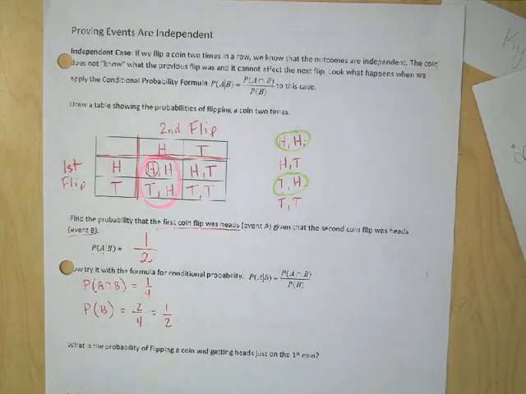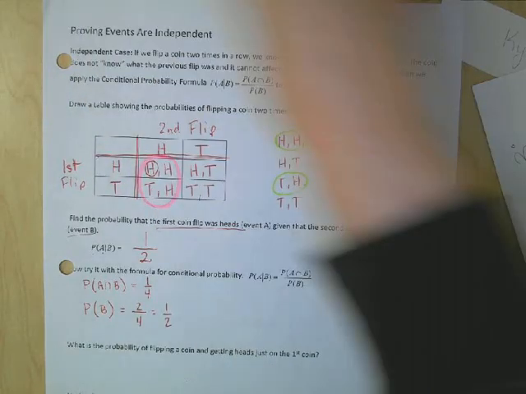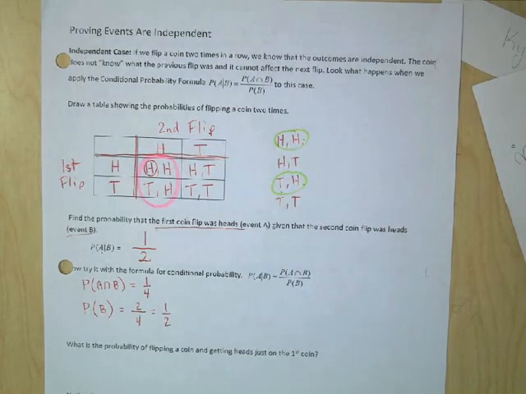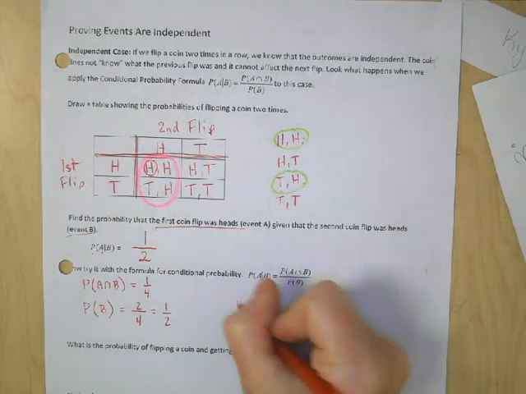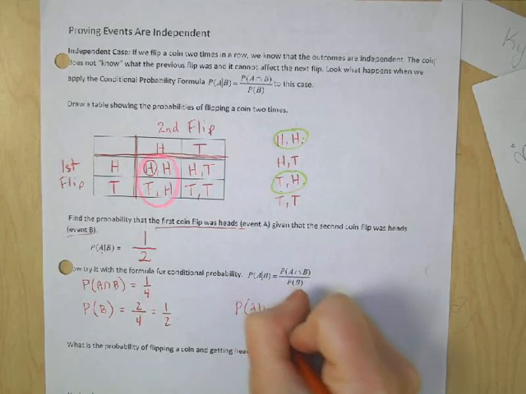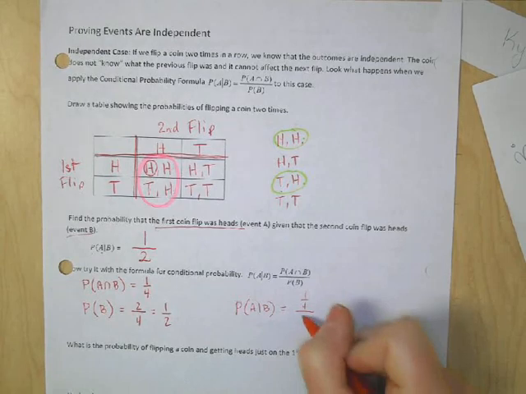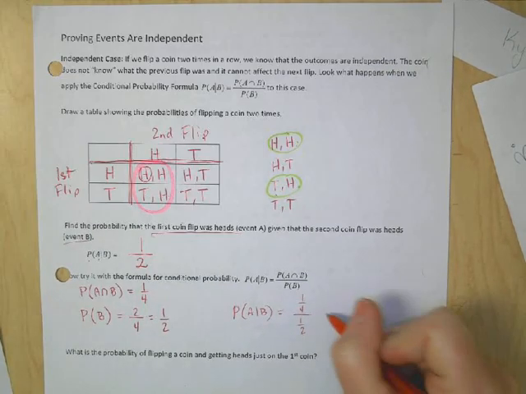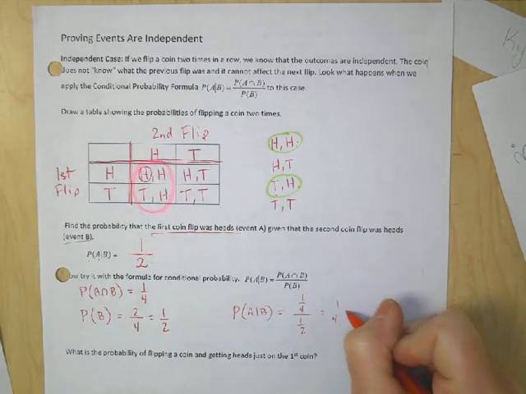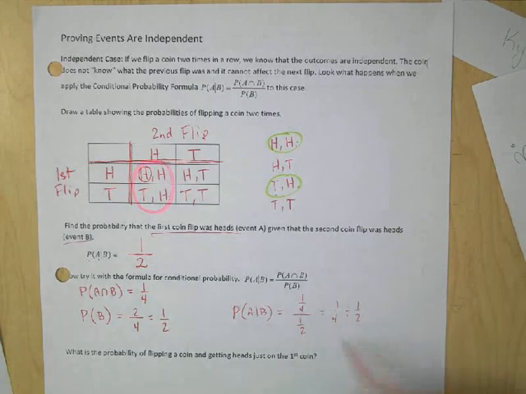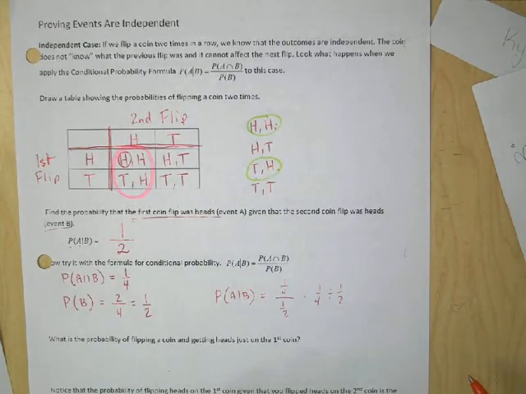Okay, so now we're going to go ahead and substitute these into our formula and see what happens. So the probability of A given B is equal to 1/4 divided by 1/2. It's always good to rewrite it with a division symbol. Now, how do we divide fractions?